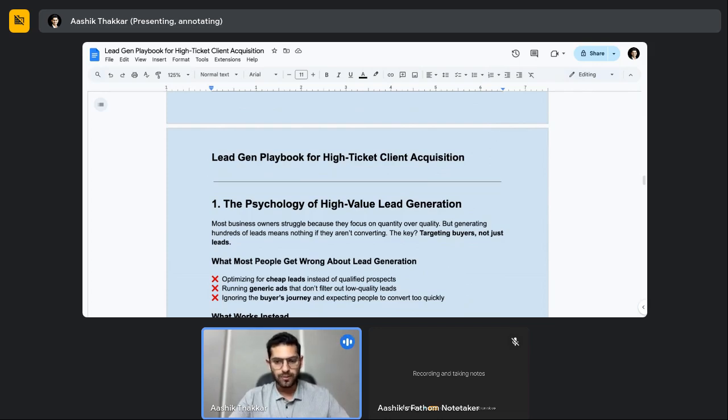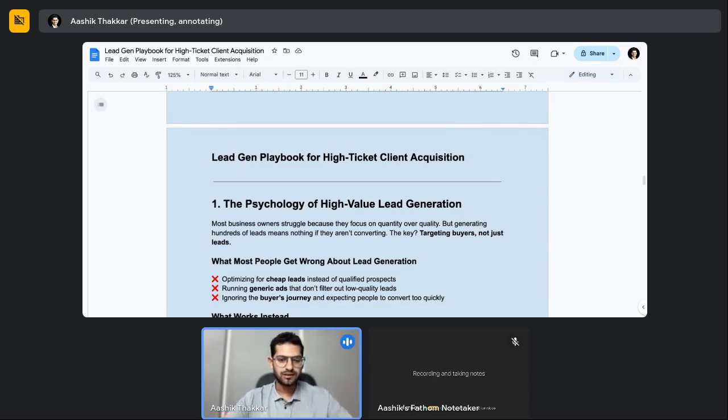I don't know how much money has been lost in running generic ads. I still see people running ads wherein there is just a simple picture and they are saying, indirectly or directly, buy my service. Man, it's 2025 already. It's not going to work no matter what you do, no matter how much budget you pump into generic ads. Never do that.